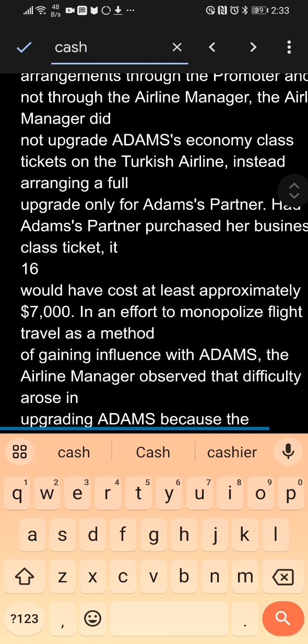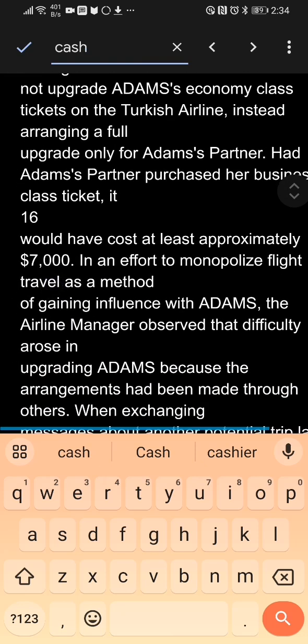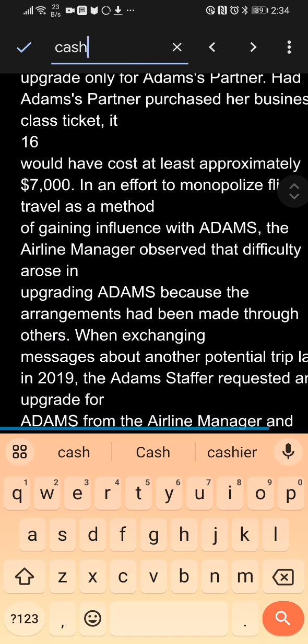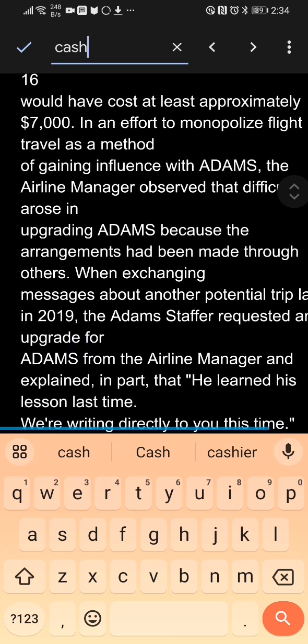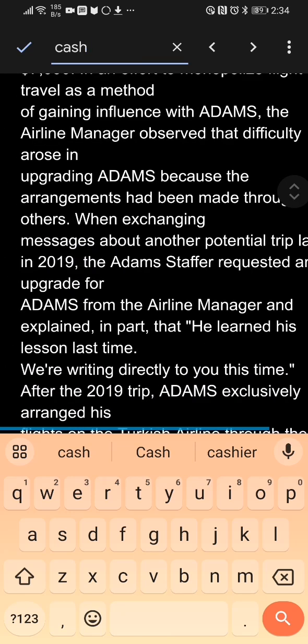In an effort to monopolize flight travel as a method of gaining influence with Adams, the airline manager observed that difficulty arose in upgrading Adams because the arrangement had been made through others. When exchanging messages about a potential trip later in 2019, the Adams staffer requested an upgrade for Adams from the airline manager and explained in part that he had learned his lesson last time.